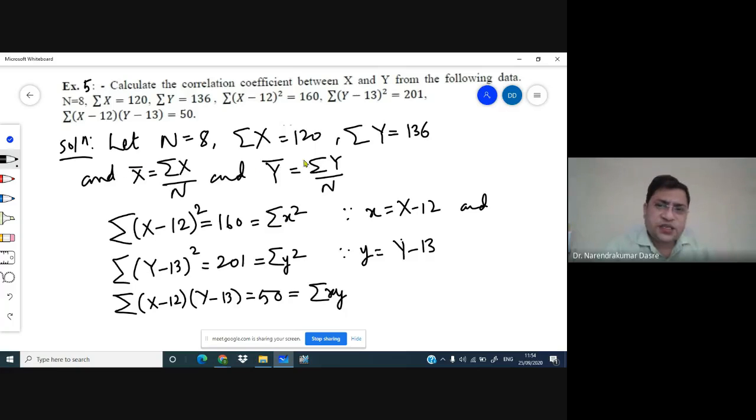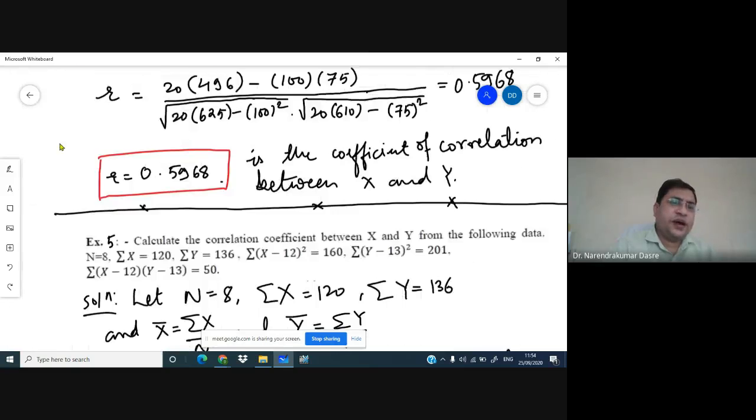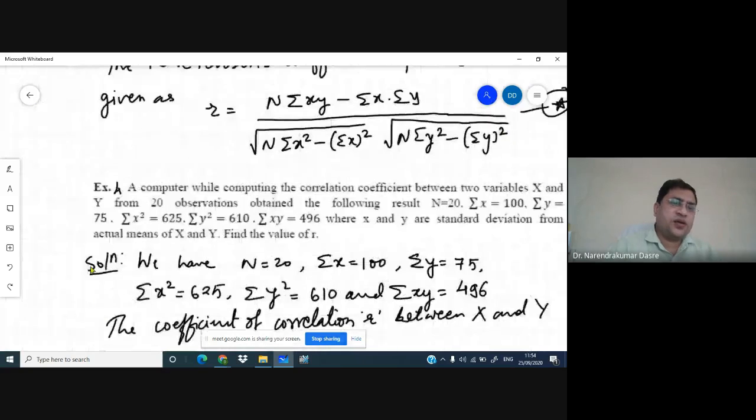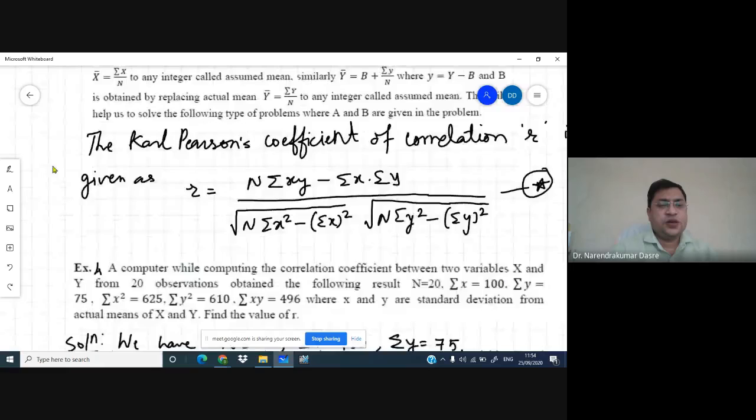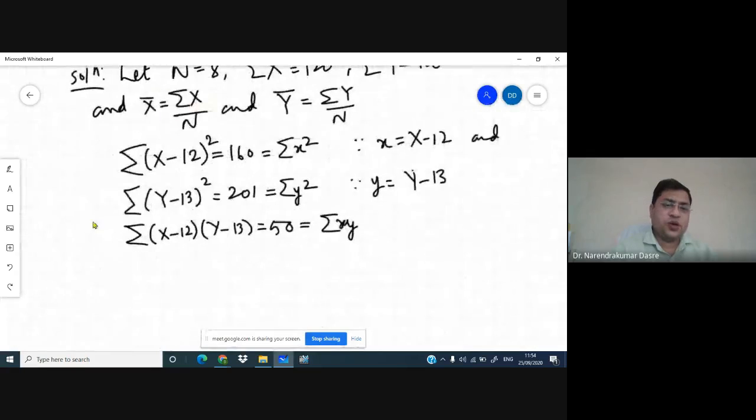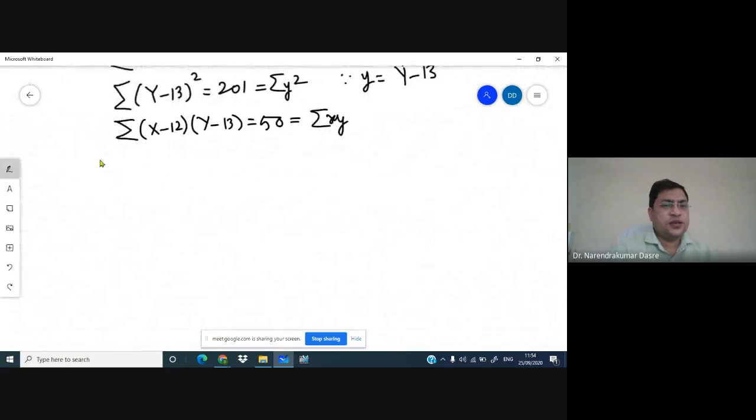You can guess: summation small x is missing and summation small y is missing, and that is what we have to calculate first. How are we able to calculate this? By using the remark that we have here. This is the formula that we have to use to find the summation of small x and summation of small y. So let us try this.